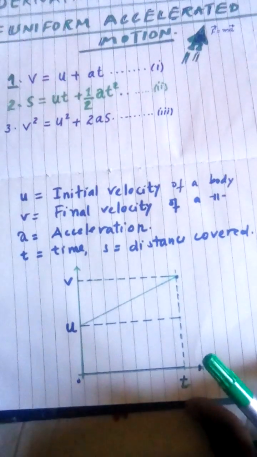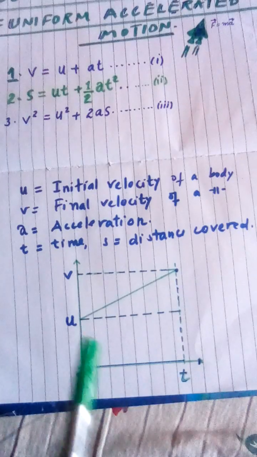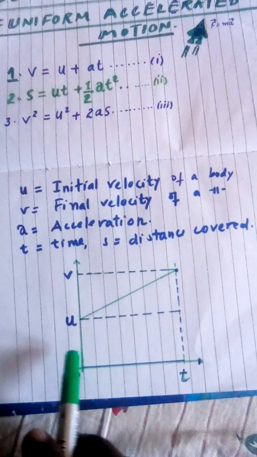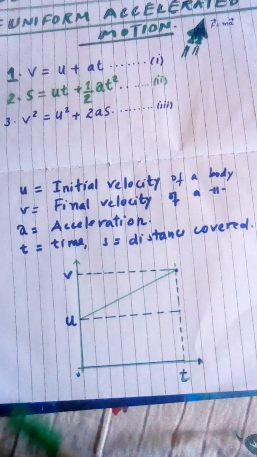So let's go to interpreting the velocity time graph, because interpretation of graphs in physics is knowledge that you need to have, and you're going to find a lot of graphs in physics that require a very deep understanding of interpretation. So we have this velocity time graph, and I'm going to interpret it as follows.